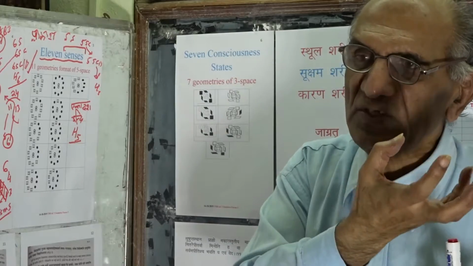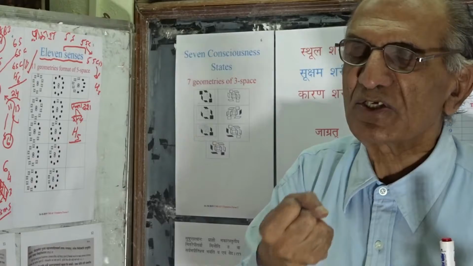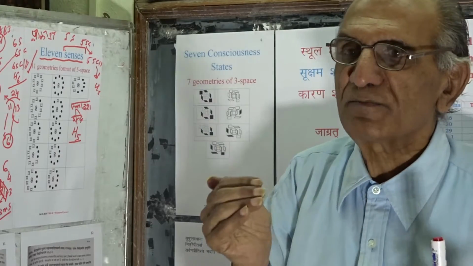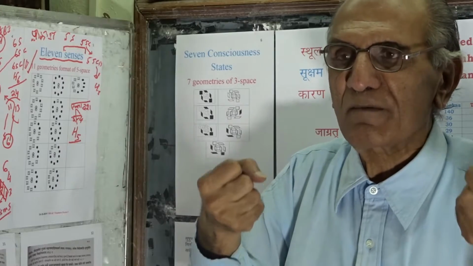The 11 versions of hypercube 5 as the representative regular bodies of 11 geometries of 5 space will provide us a solid format.